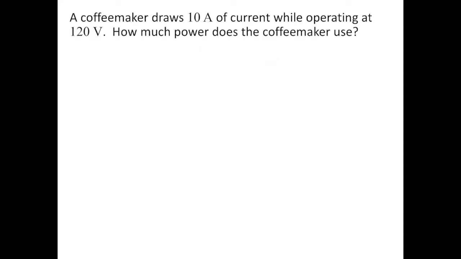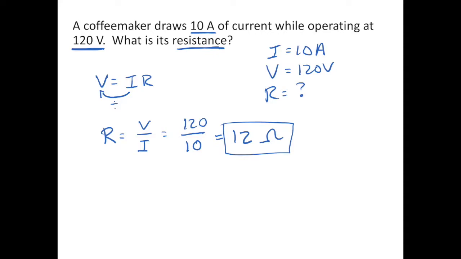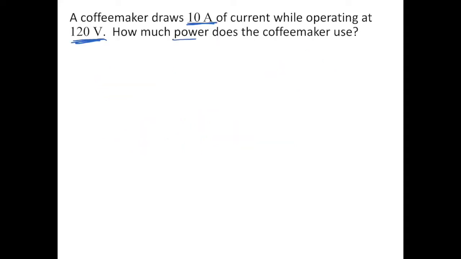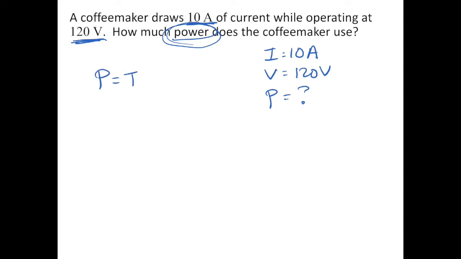All right, next one, coffee maker again. You have a coffee maker, draws 10 amps of current while operating at 120 volts. Let's look back. That's actually the exact same thing. But this is a question about power. How much power does the coffee maker use? I equals 10 amps, V equals 120 volts, P equals question mark. So this uses one of our other equations, P equals IV.